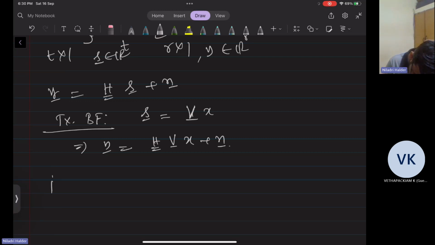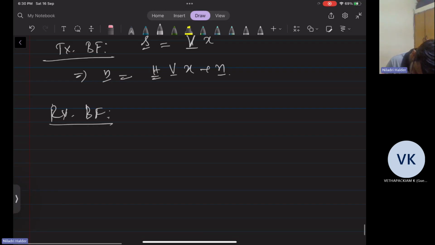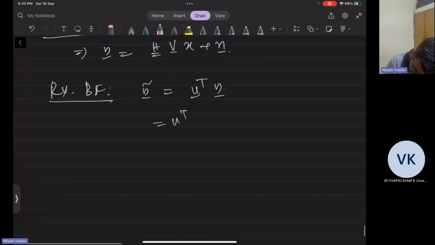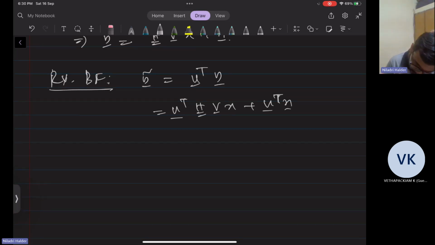And receiver beamforming we can do. That means y tilde we will get, that is equal to some u transpose into y. So that means u transpose H v x plus u transpose n. Okay, so this is the problem.